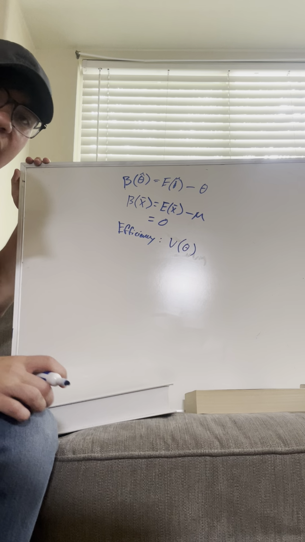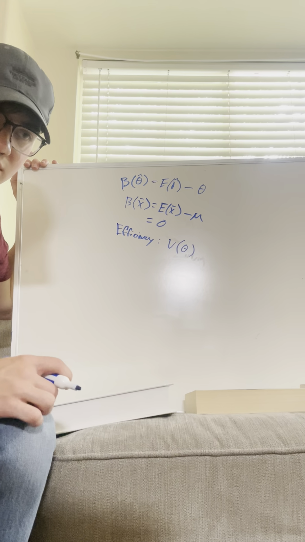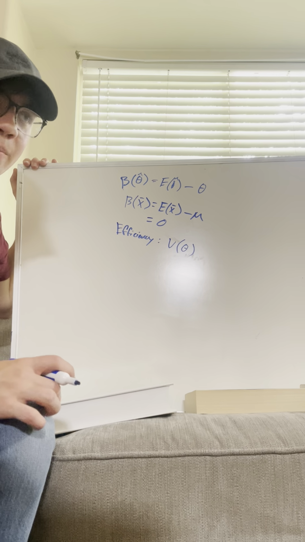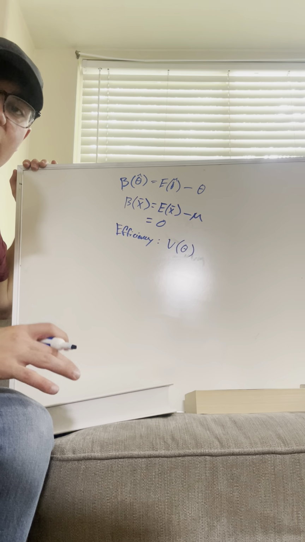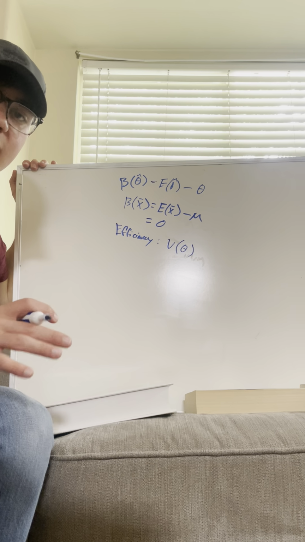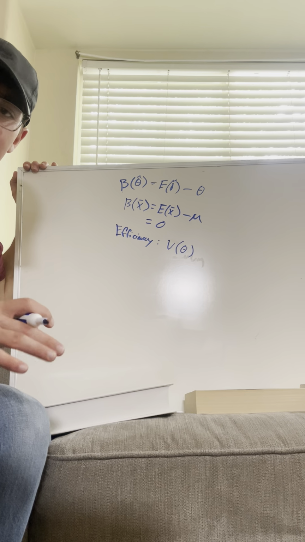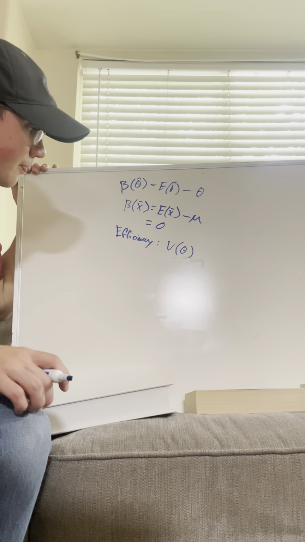And an estimator can't be efficient per se. It can only be more efficient than something else. So efficiency is always a comparative measure. We'll compare two estimators and see which one is more efficient than the other.